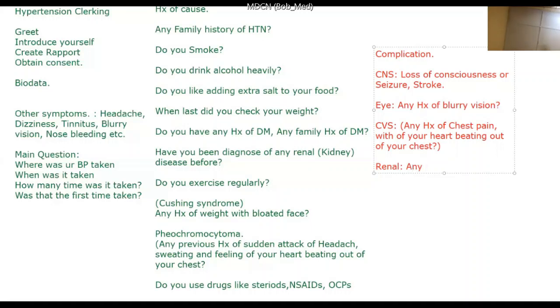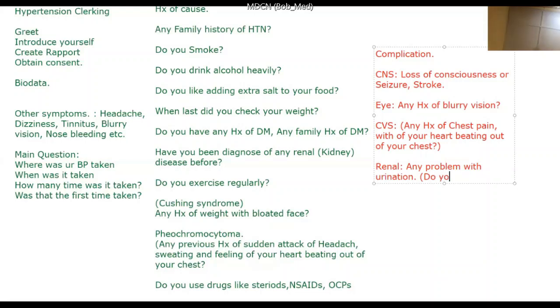Maybe polyuria, polydipsia, nocturia, anorexia. Maybe the patient has any flank pain or back pain because of this. You want to rule it out. Any problem in urination? Or do you notice you urinate a lot at night?